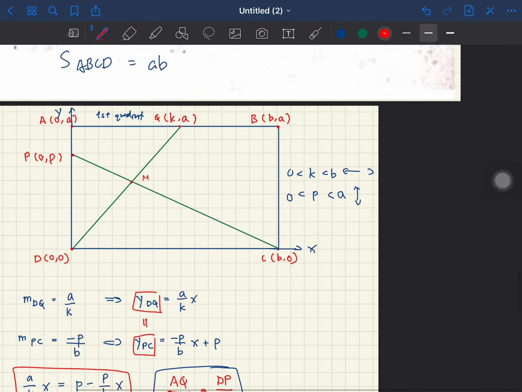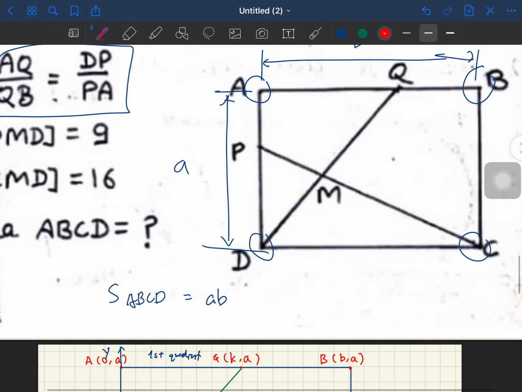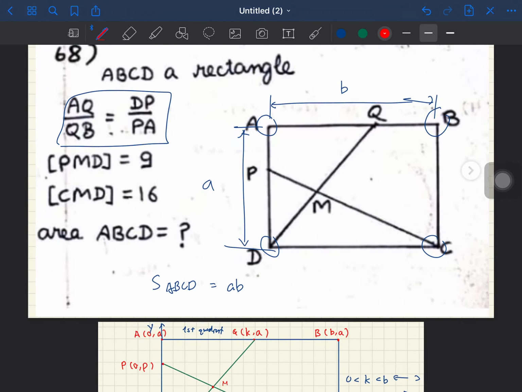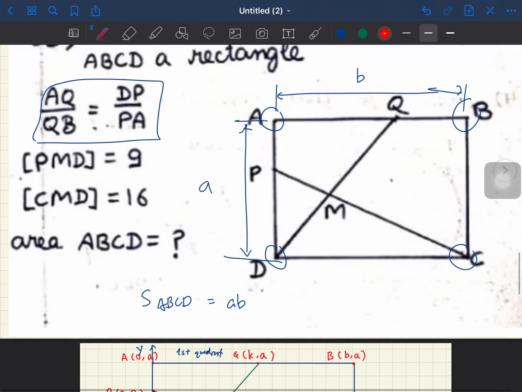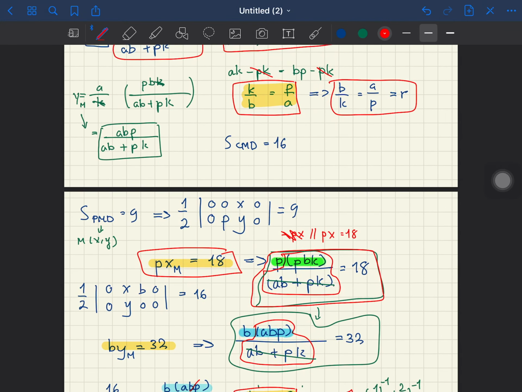And then we tried to use three equations as our tools to simplify the problem, which are the first, the proportionality equation, and the second one, PMD equals 9 and CMD equals 16. We tried to get these three yellow equations here, which are very important for simplifying the problem.